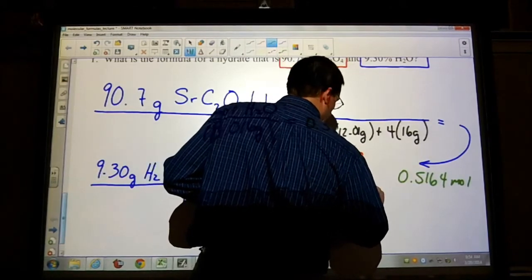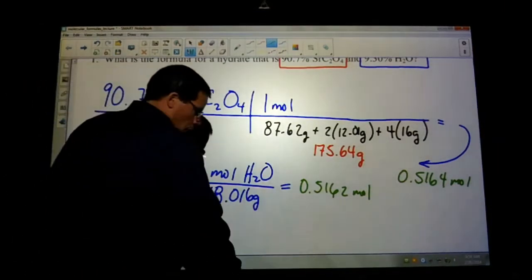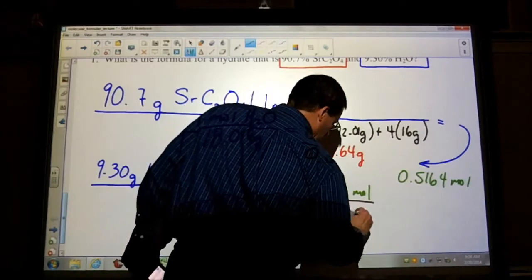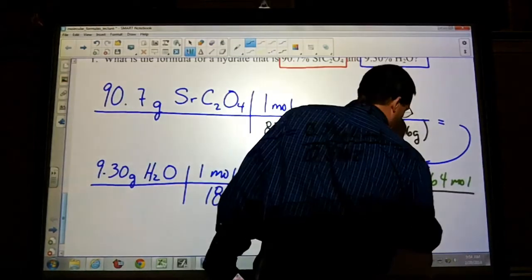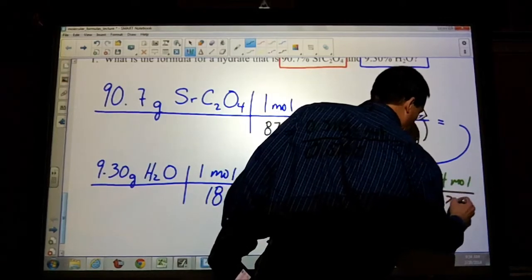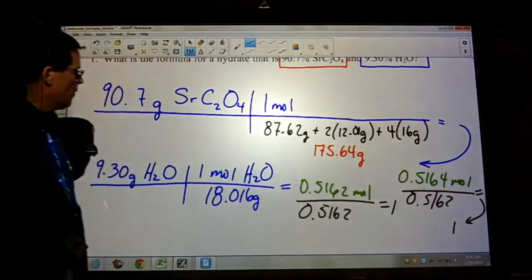Okay. So they're very, very close. So divide by the smallest value, which I think is that one. 0.5162 divided by 0.5162 is 1. So our ratio is 1 to 1.